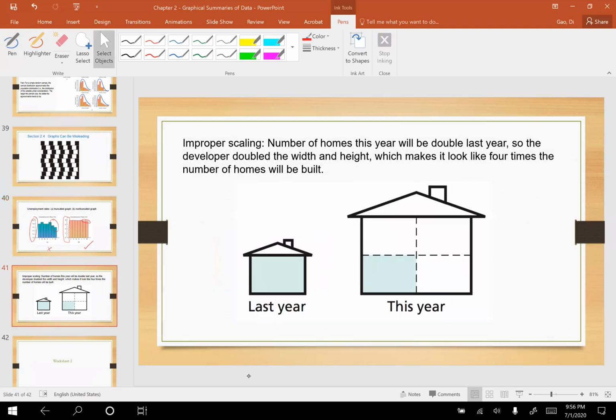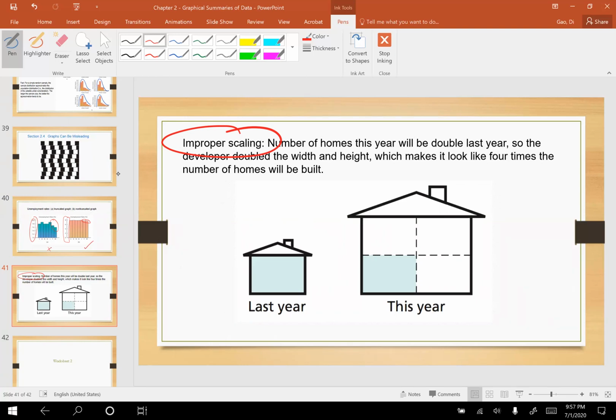Another one is something called improper scaling. Some advertisements may say the number of homes this year will be double last year. But actually it's just a one-dimensional scale. If you draw it on a two-dimensional scale, it'll look like 4 times the number of homes will be built.